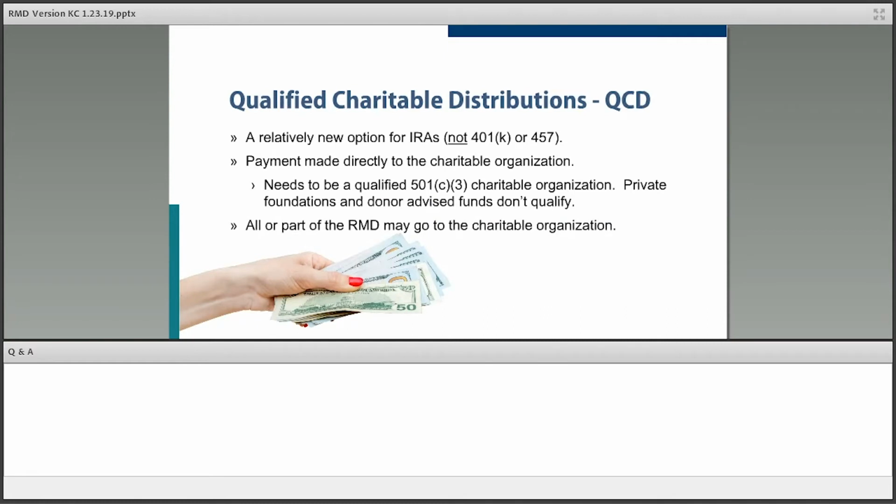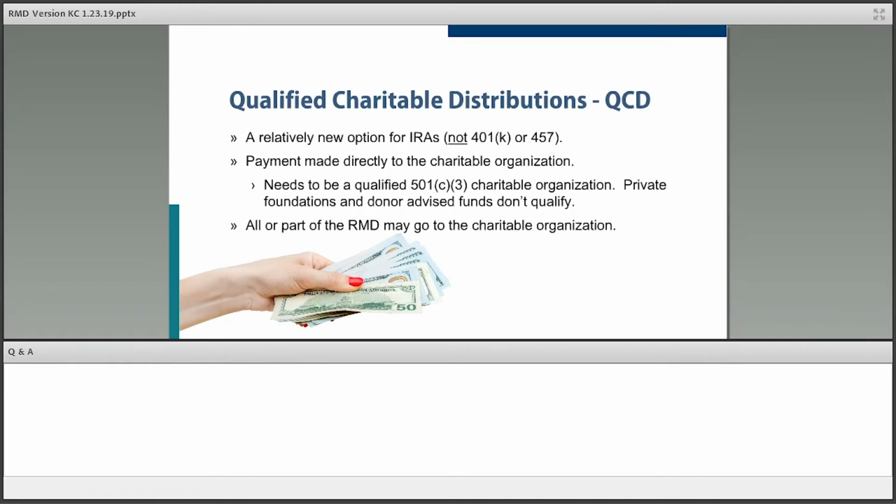All right, then, let me go ahead and talk about a relatively new topic that's only been around a few years, called a qualified charitable distribution, or sometimes referred to by its acronym, QCD.